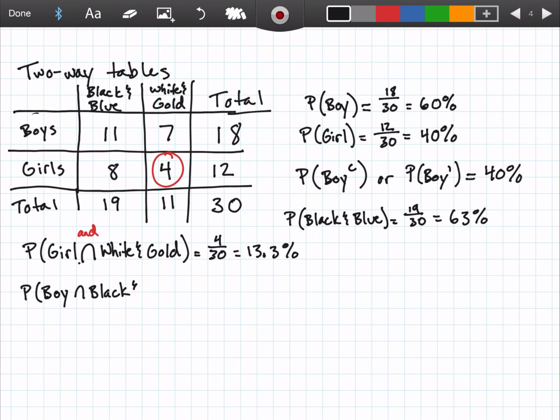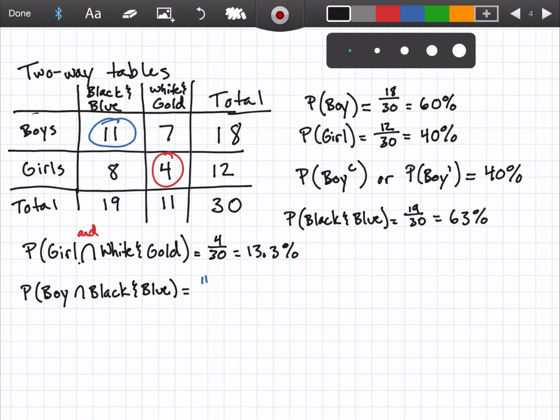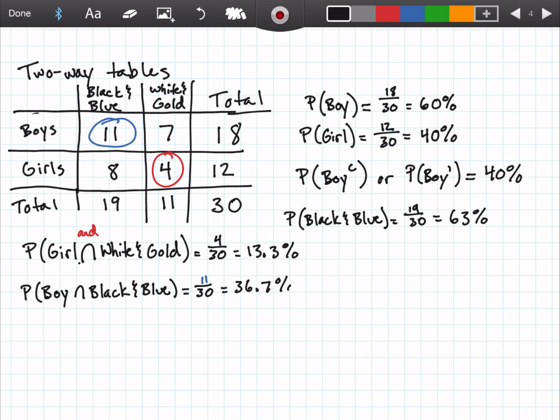Or maybe the probability that you're a boy and you see black and blue. Well, the combination of the two is 11 out of our total 30, which we get a 36.7%.